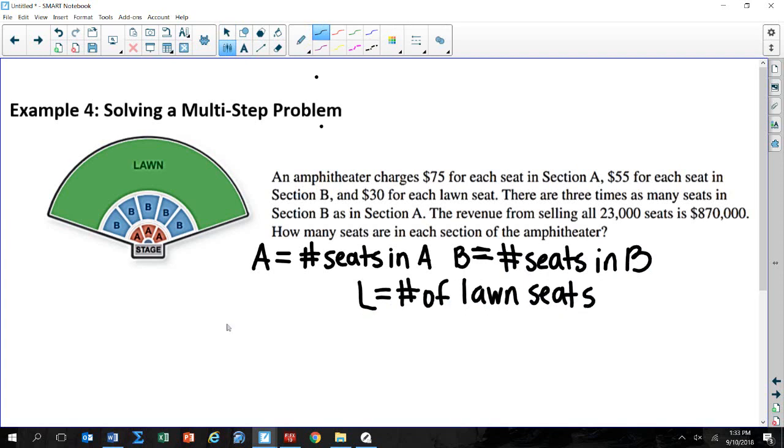Okay. So now that I know what each variable represents, let's come up with an equation for each sentence.